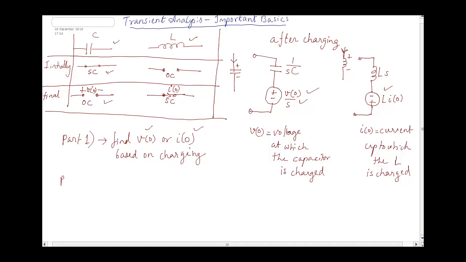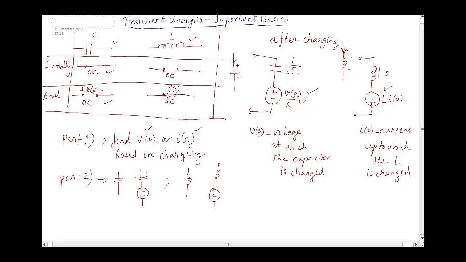And then there is a second part. The second part is: instead of the capacitor, you draw the capacitor with a voltage source if that capacitor is charged. If the capacitor is not charged, then you won't draw this voltage source, you will simply keep the capacitor. And instead of the inductor, if it has been charging, you will have an inductor plus a voltage source. This will be there only if the inductor has been charging.